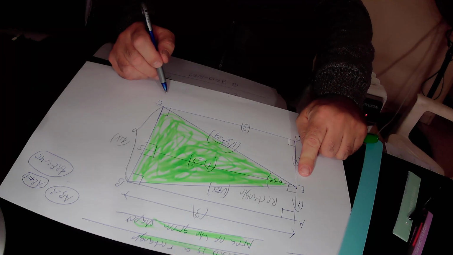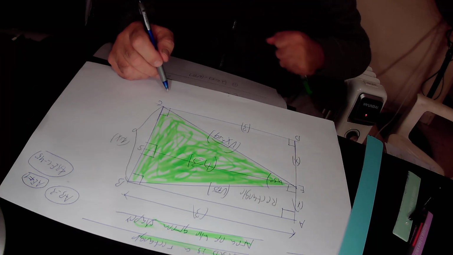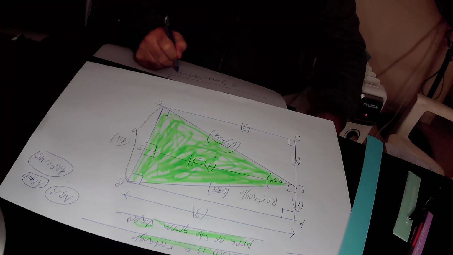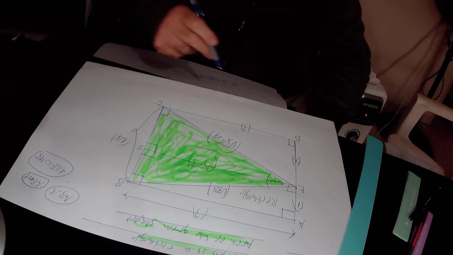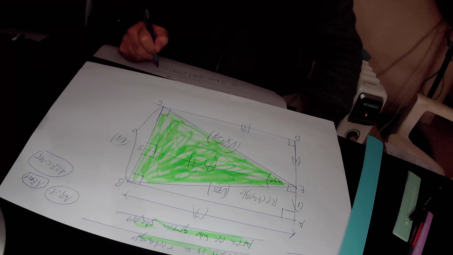CE equals the square root of x squared plus 9, times sine 45 degrees over 2.